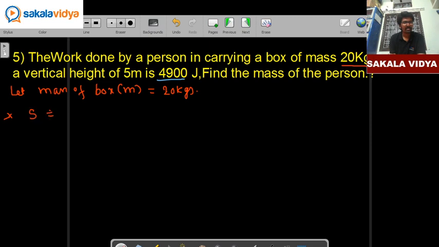Displacement made by the body is 5 meters. So what is the total work done given in the question? Work done, W, is 4900 joules. So what we have to find here? Mass of the person.